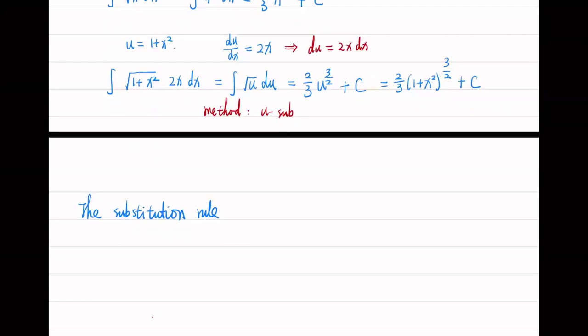If our integral is of the following form, as we have seen before, the f will be the square root, and the g(x), for this example, is 1 plus x squared. The derivative is the derivative of g. Then we can substitute.